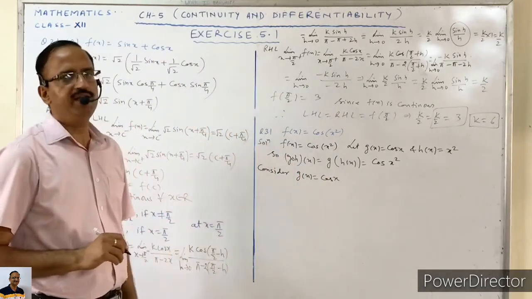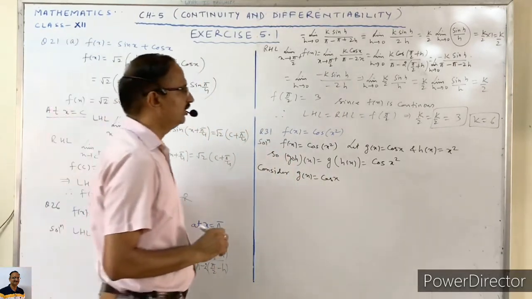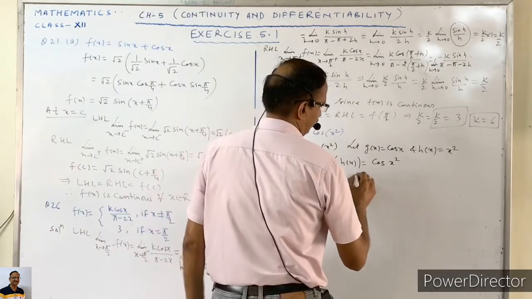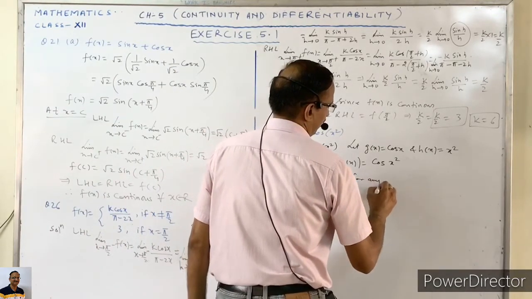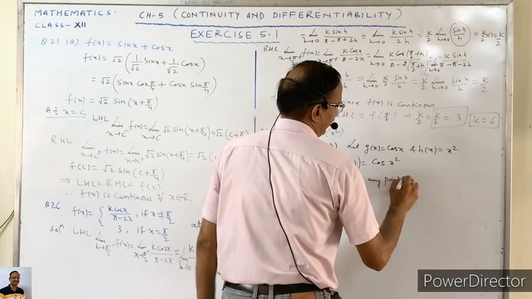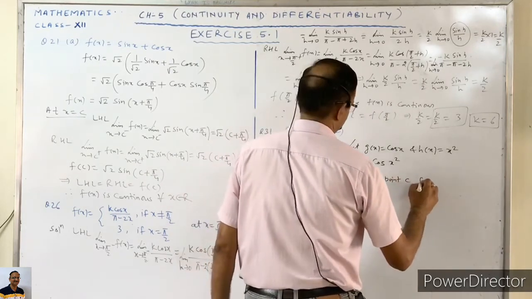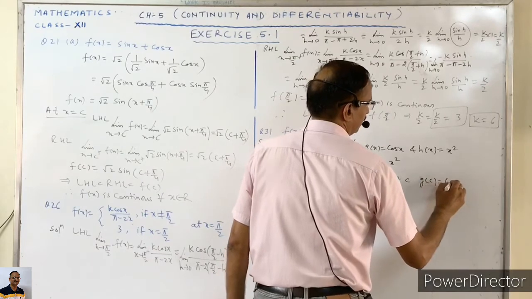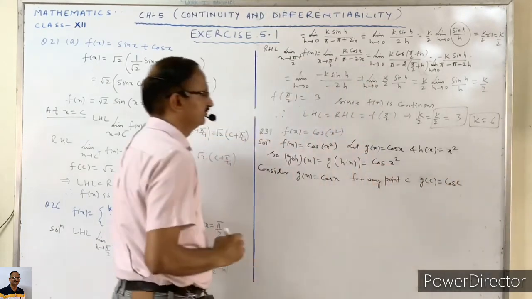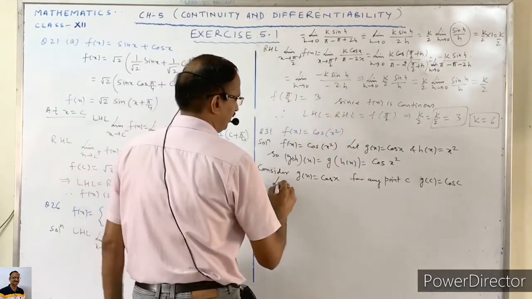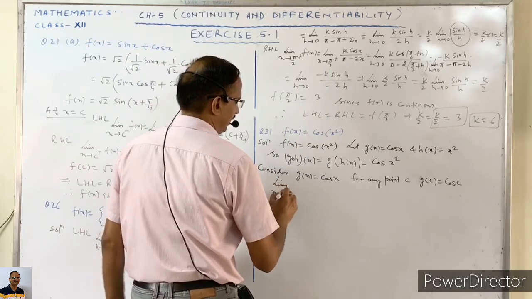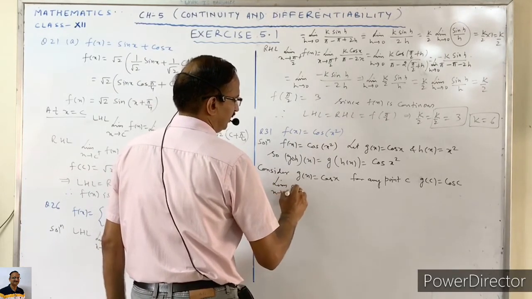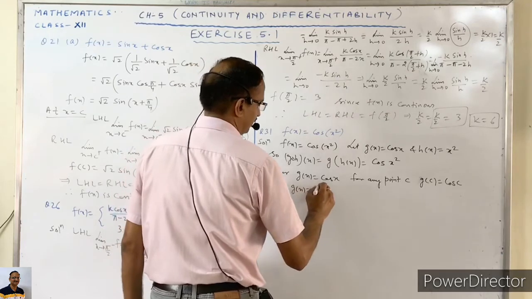Now for any point C in the domain, for any point C, this g(C) is cos C, and limit x tends to C, g(x) is what?